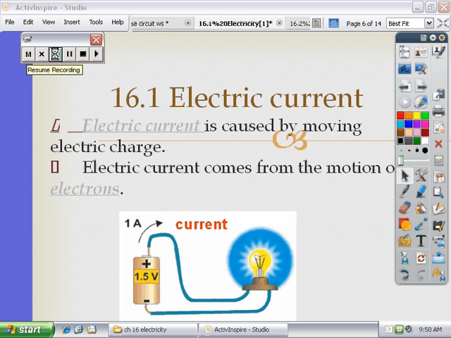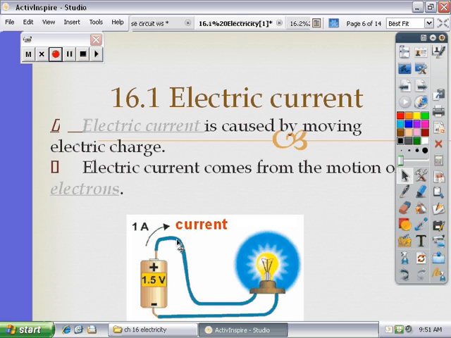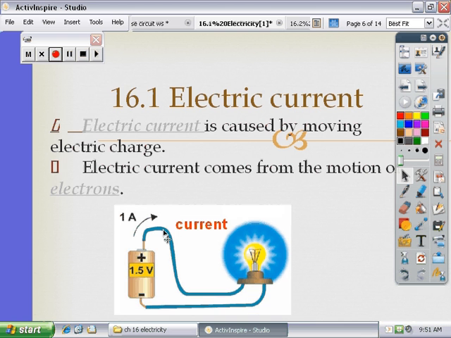Okay, 16.1, electric current. Electric current is caused by moving electric charge. We talked about this before, that it's the electrons that are actually going down the wire and traveling through the circuit, kind of like the roller coaster.